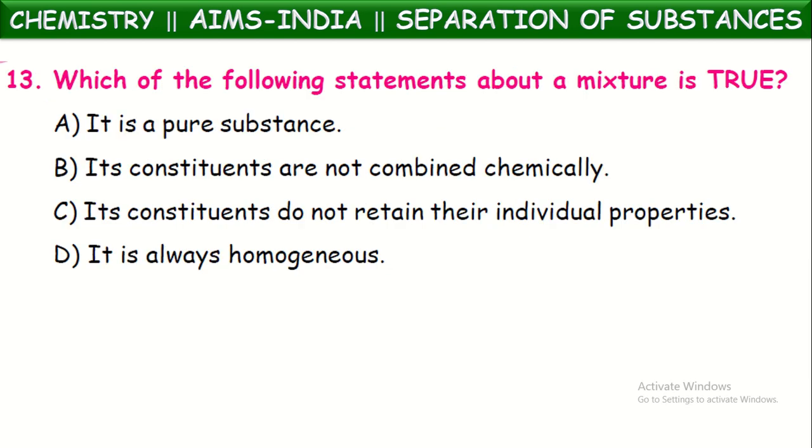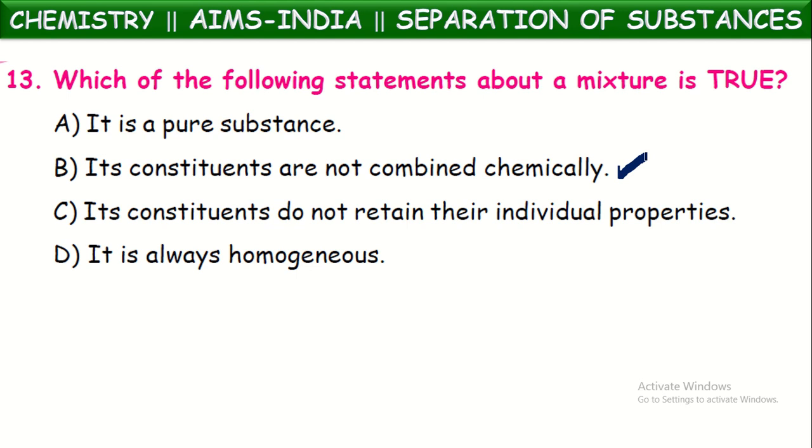Next, which of the following statements about a mixture is true? Some statements are given about mixtures here. See which are correct. This is a pure substance. Is a mixture pure? No, we cannot say that. Its constituents are not combined chemically. Yes, the constituents of a mixture are not combined chemically, they are just mixed with each other physically.